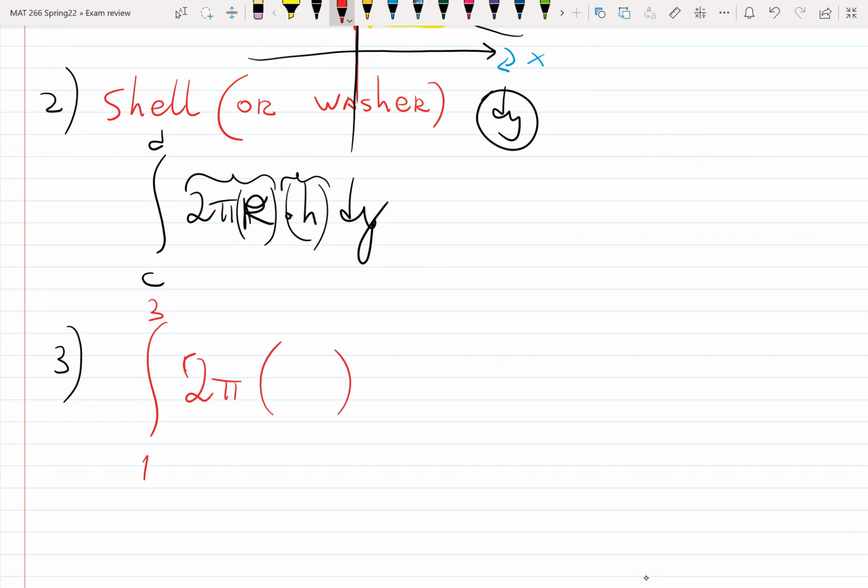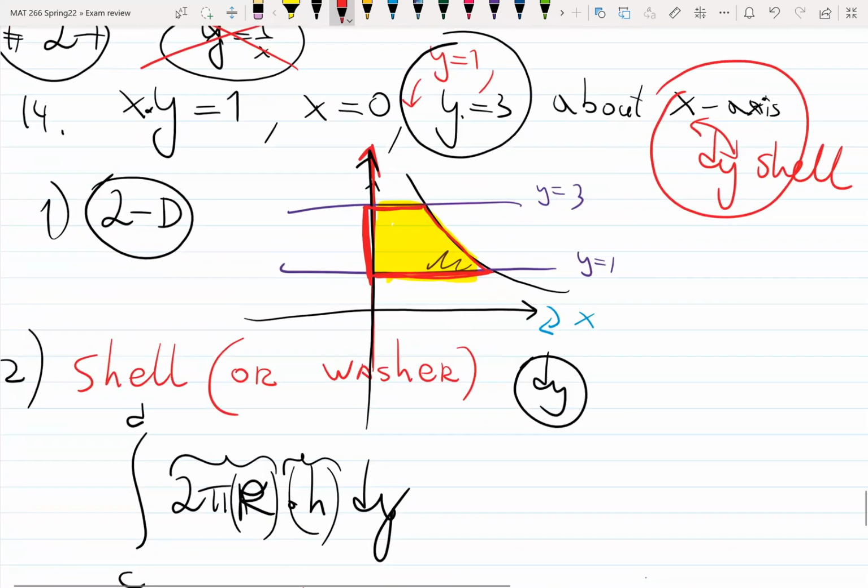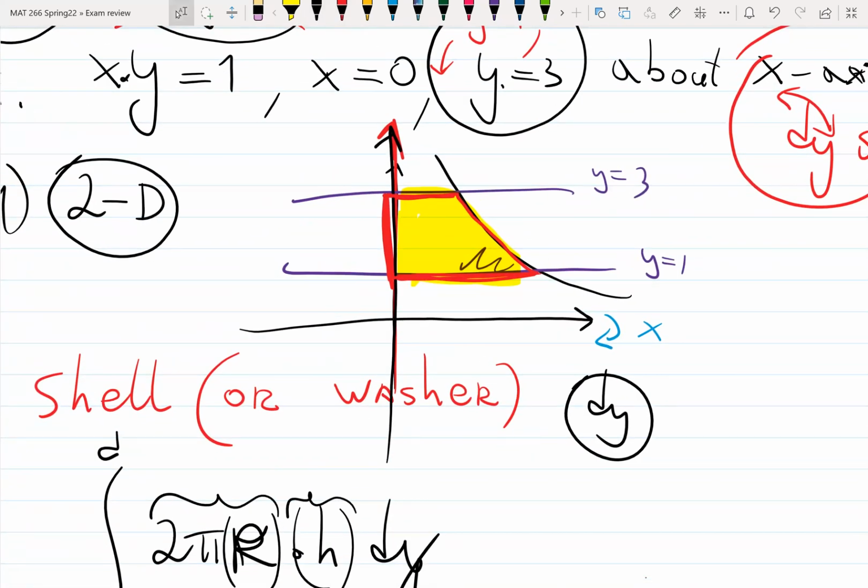Now we just need to figure out those two functions. Since there is no shift, this will be y. This is my radius, y. Let's see, what is the radius of this 3D object? The axis of rotation is the x-axis. What is the radius over here?